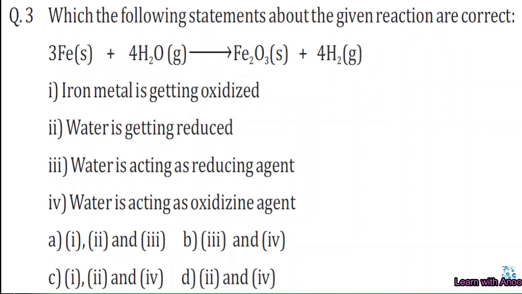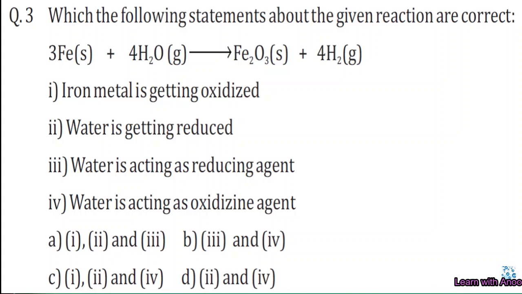Next question: which of the following statements about the given reaction are correct? The reaction is 3Fe plus 4H2O gives Fe3O4 plus 4H2. Number 1, iron metal is getting oxidized. 2, water is getting reduced. 3, water is acting as a reducing agent. 4, water is acting as an oxidizing agent.